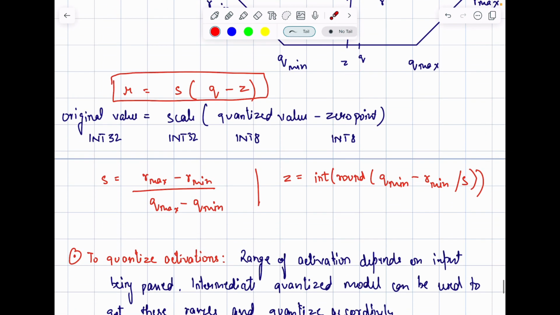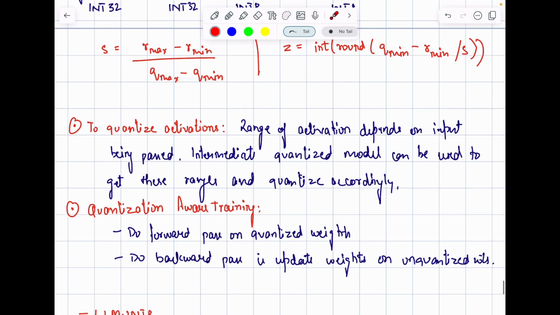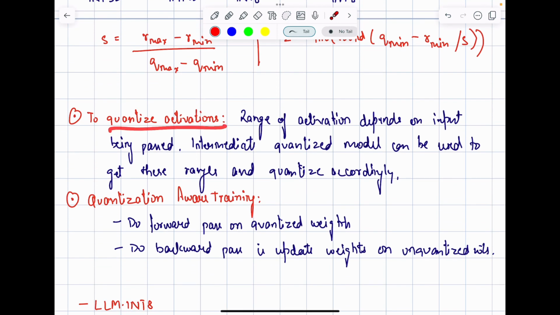Okay. To quantize activation, we can also find the range of activation because it depends on the input. So for example, in the case of weights, you already know the maximum and minimum range, and the exact value of the weights, because the model has already been trained, right?